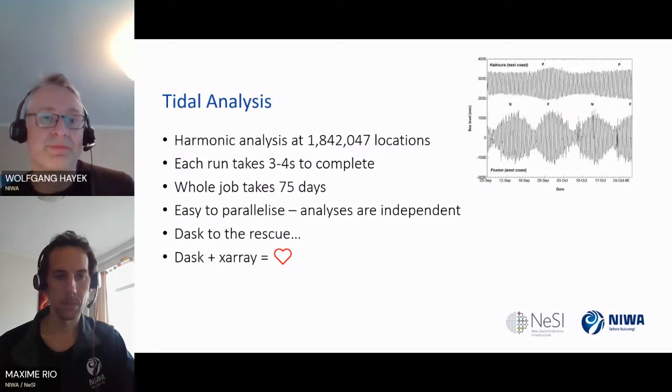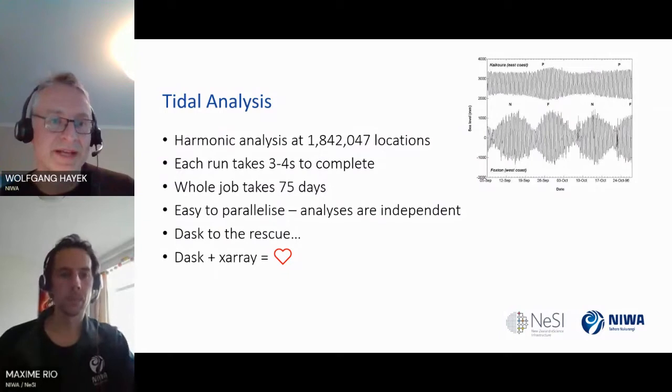So you end up with 1.8 million independent time series of water levels at each of these locations. These time series are then analyzed using a tool called Utide, which is written in Python, and which, after some optimization, takes about 3 to 4 seconds to complete one harmonic fit of the water heights. Multiplying that by 1.8 million, you end up with a total job duration of 75 days, which is obviously not very practical.